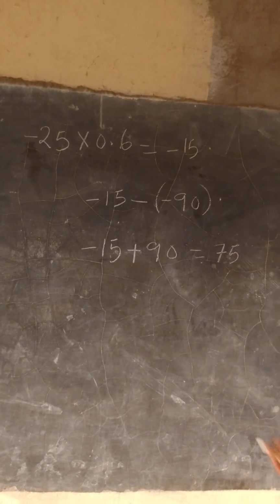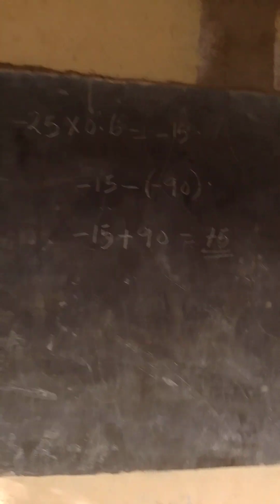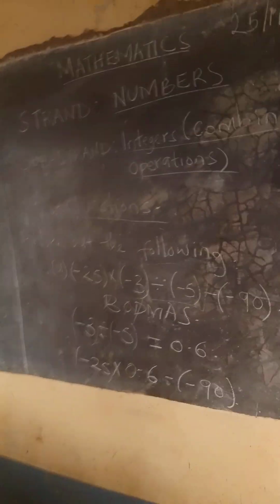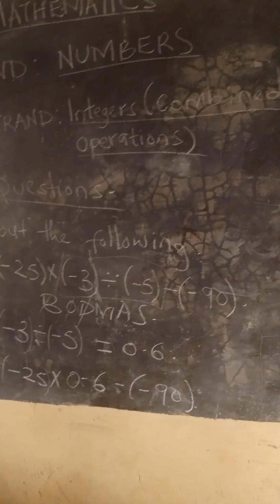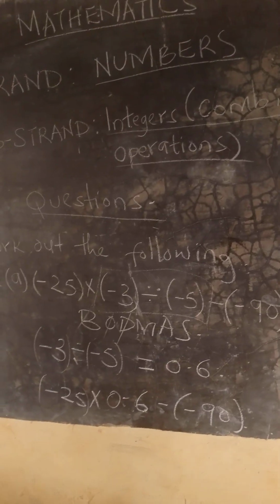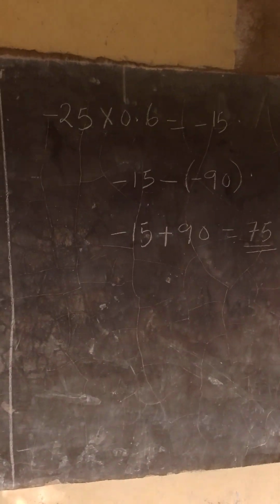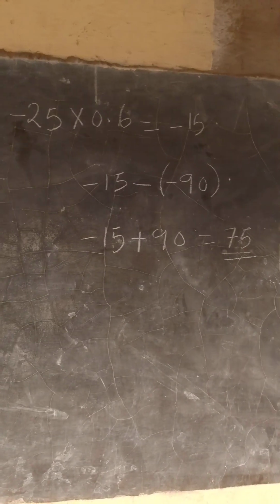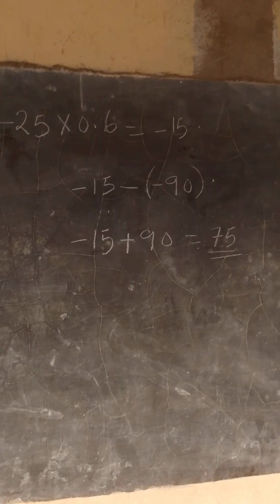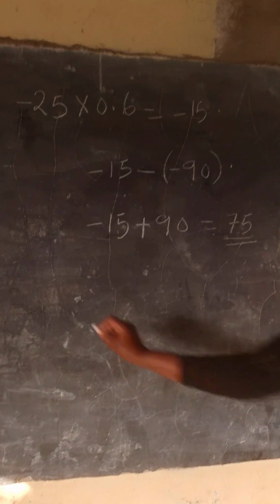Yes, and therefore the answer for this is 75. You can show them all the way from the first step to the final answer. Look at that. Then the answer. Then from there we can move to the next question, part B.